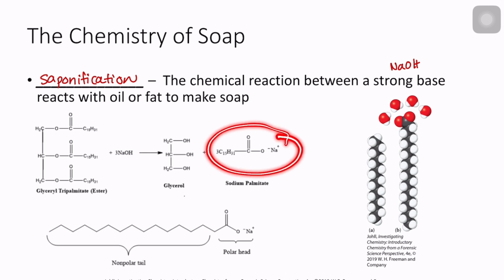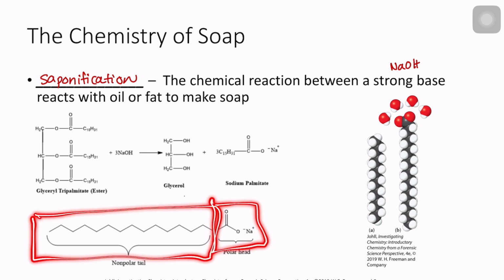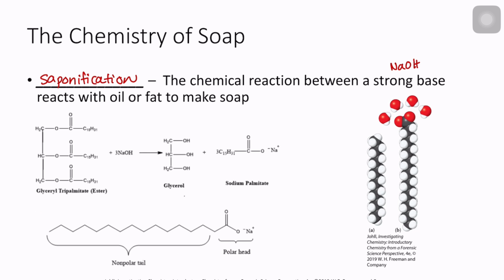Now, the thing that makes soap so unique is it has this polar head right here, followed by a nonpolar tail. So, soap is soluble in both water and grease. You can put that soap on your grease. That grease is going to become soluble in the soap. It'll come off your dishes, but the soap remains soluble in water and will take it down the drain with the water.